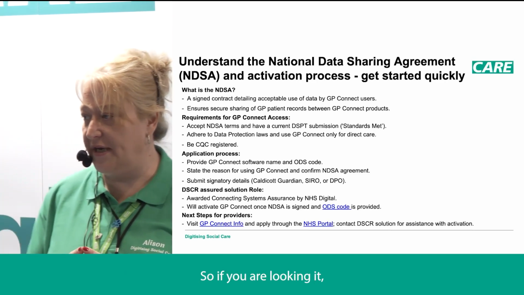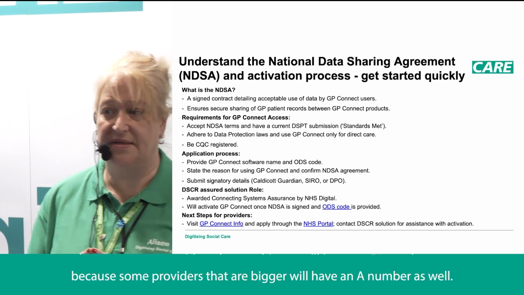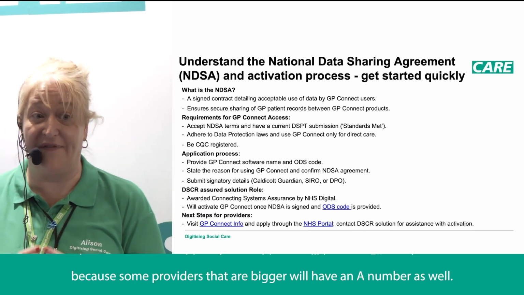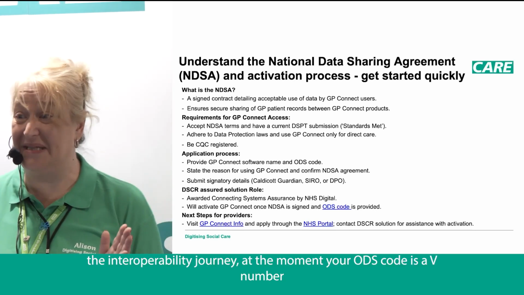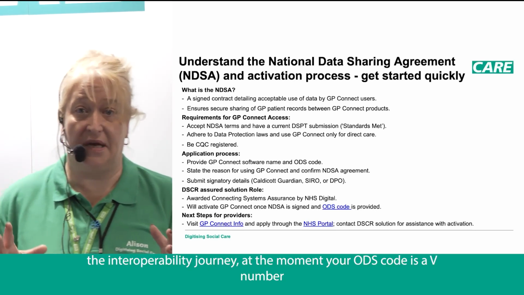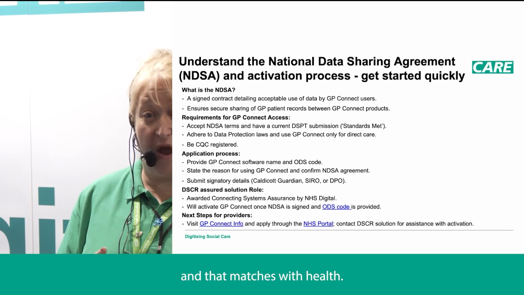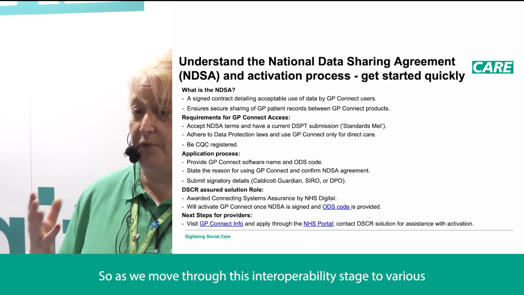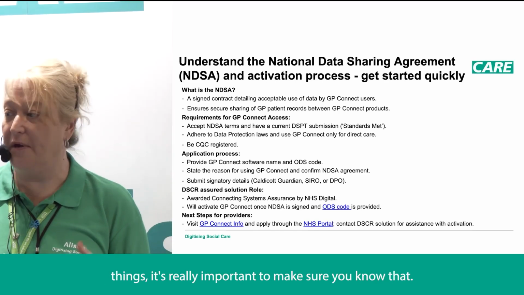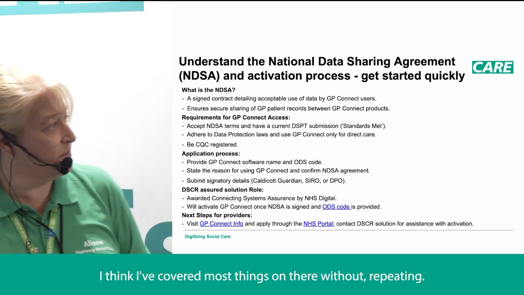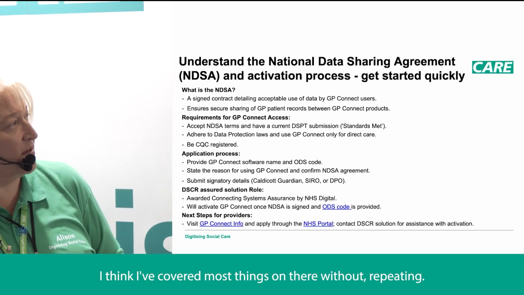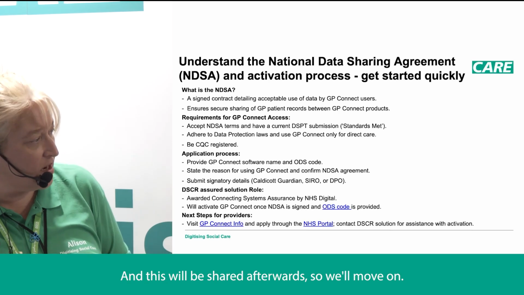So if you are looking at it, check it's a V number, because some providers that are bigger will have an A number as well. But to register for this and move on the interoperability journey at the moment, your ODS code is a V number, and that matches with health. So as we move through this interoperability stage with various things, it'll be really important to make sure you know that. I think I've covered most things on there without repeating, and this will be shared afterwards.